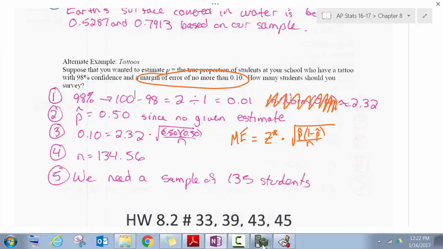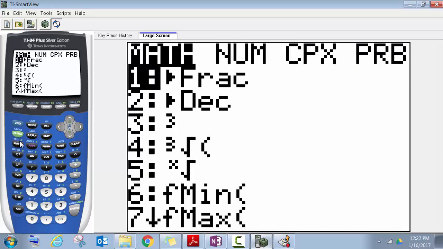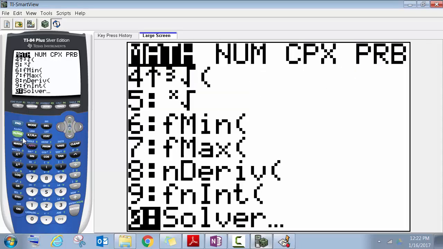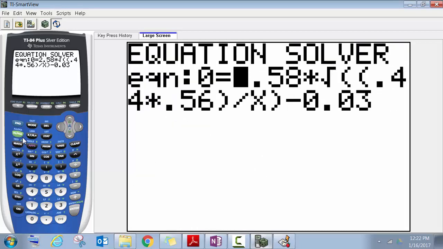So again, if we're using our calculator, we're using the 83, we go to our solver, we go back, and all that same stuff's here, we just have to kind of change some of our numbers.